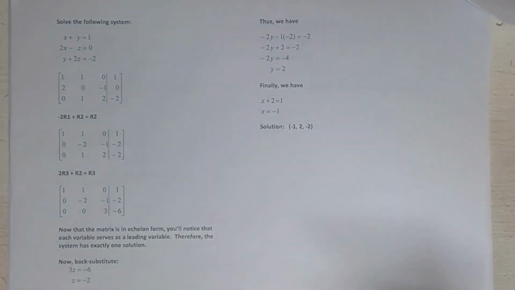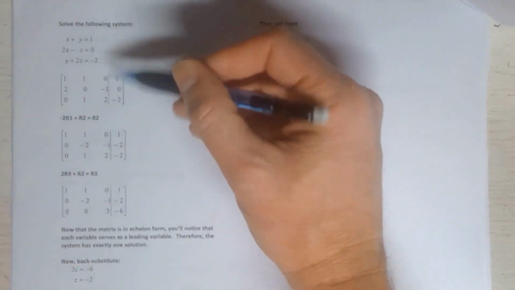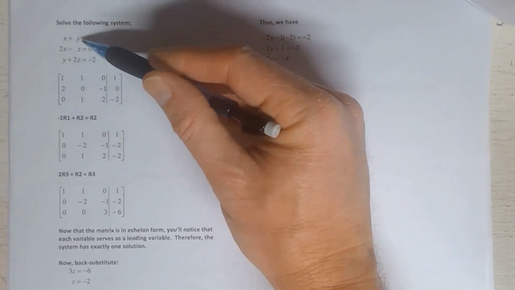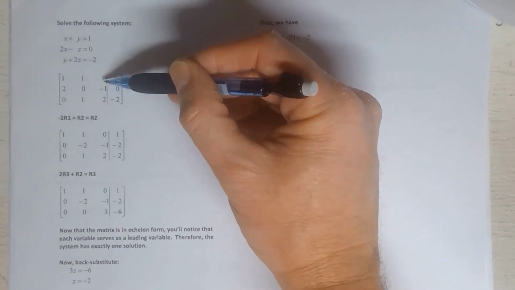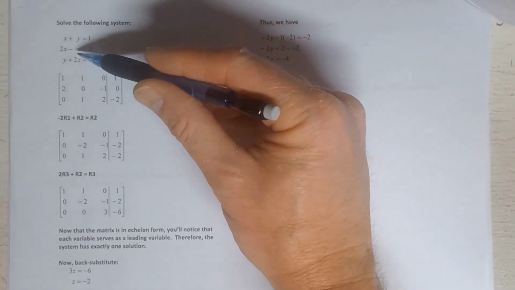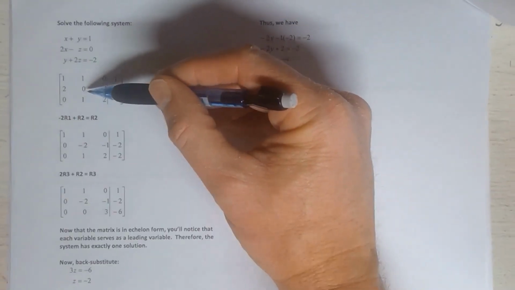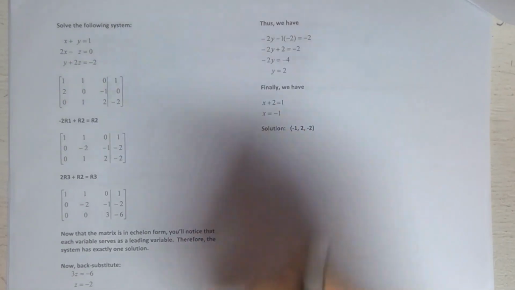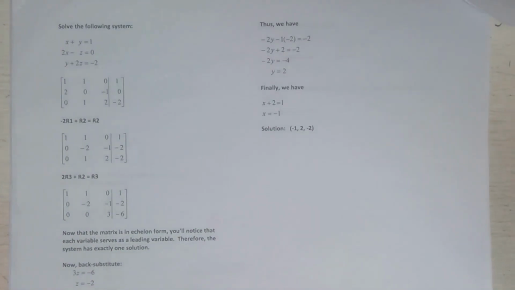So I just want to warn you here that when that happens, make sure to put zeros in the spots where there's no variable. So in the first equation, there's no z, so put a 0 in the z column. The second equation, there's no y, so put a 0 in the y column. And then the third one, same thing with the x right there. So just wanted to give you a heads up on that.